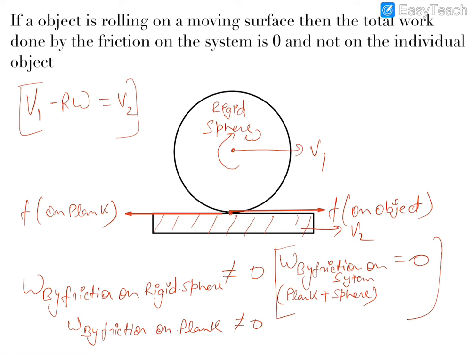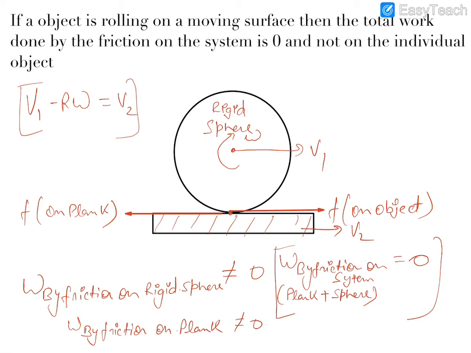So if friction on this rolling sphere is acting in the forward direction, and friction on this plank is acting in the reverse direction, but the displacement of this point for both of these objects is in the same direction and is equal, then the total work done would be zero, because for this rigid sphere the work done would be F into S with positive sign, and for this plank the work done would be F into S with a negative sign, because for the plank the friction and the displacement are in opposite directions, but for this rigid sphere the friction and the displacement of this point are in the same direction.